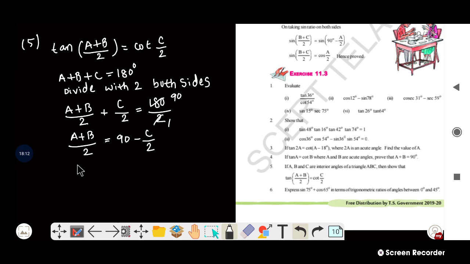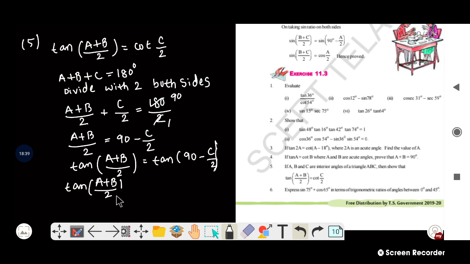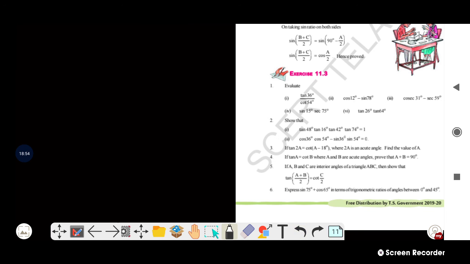Yes, if you apply the tan value, tan((A plus B) by 2) is tan (90 minus theta), is it right? So this is equal to cot(C by 2). Got it now? So we got this answer.